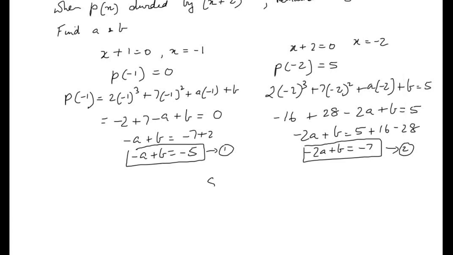Solving equations 1 and 2 by putting the values into the simultaneous equation function of our calculators, we end up with a equal to 2 and b equal to minus 3.